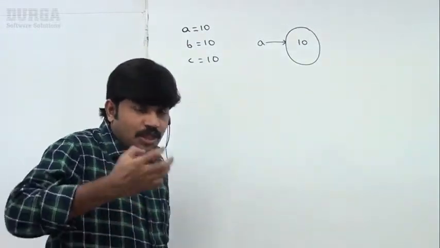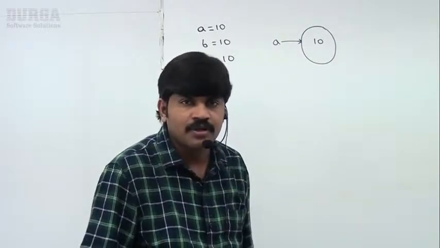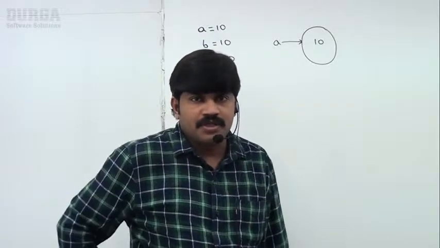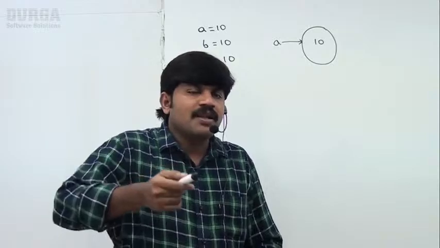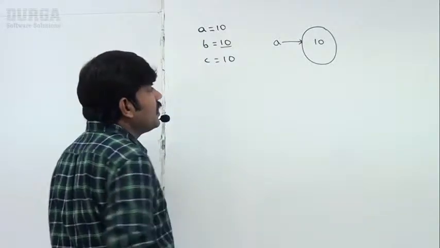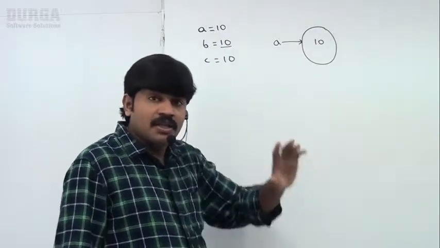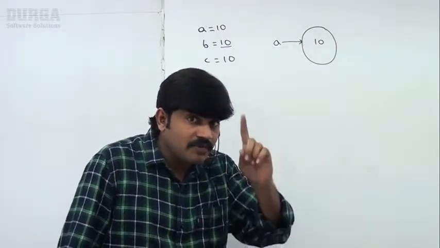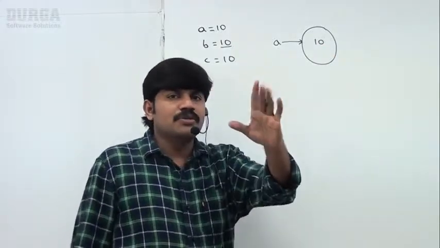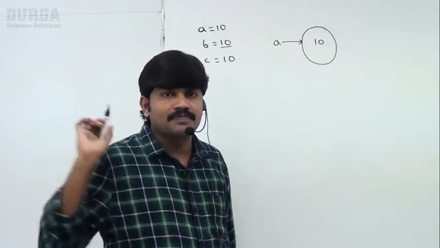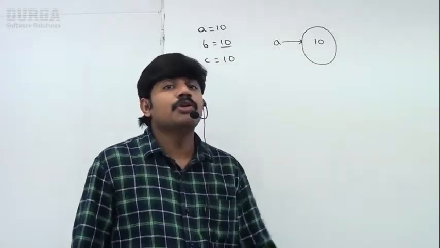In Python, if an object is required, the Python virtual machine blindly won't create an object. First, the PVM will check whether, for the required content 10, an object is already available or not. If an object is already available, it is always going to use the existing object only, instead of creating a new object.